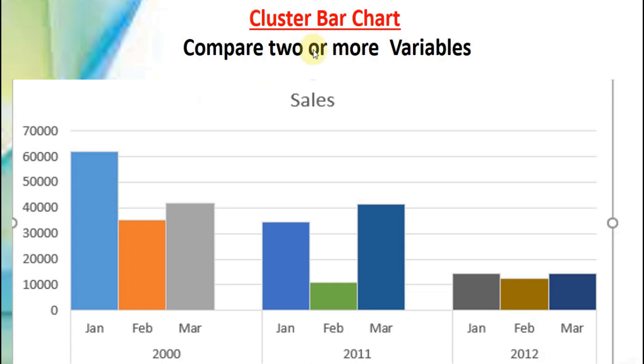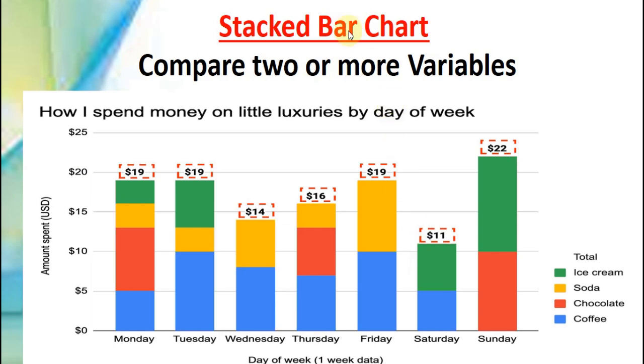Another type of bar chart is the cluster bar chart. Cluster bar chart is used to compare two or more variables among different periods or among different groups. Stacked bar chart is also used to compare two or more variables, but the presentation style is somewhat different.